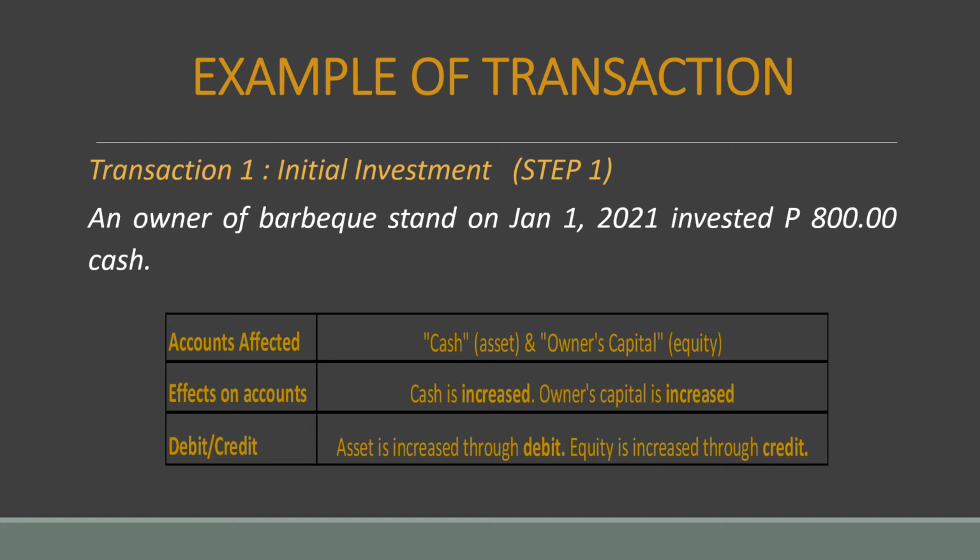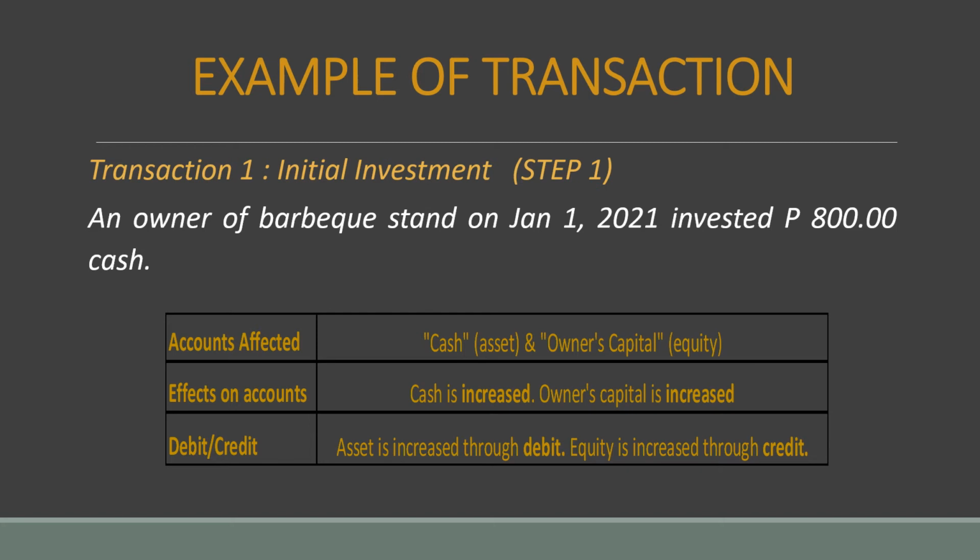Kasi nagkaroon ng initial investment. Dati wala, since nag-invest ang owner sa business, so nagkaroon ng increase sa owner's capital. Okay, take note that cash is increase. Kapag nag-debit tayo ng cash, ibig sabihin, it is increase.